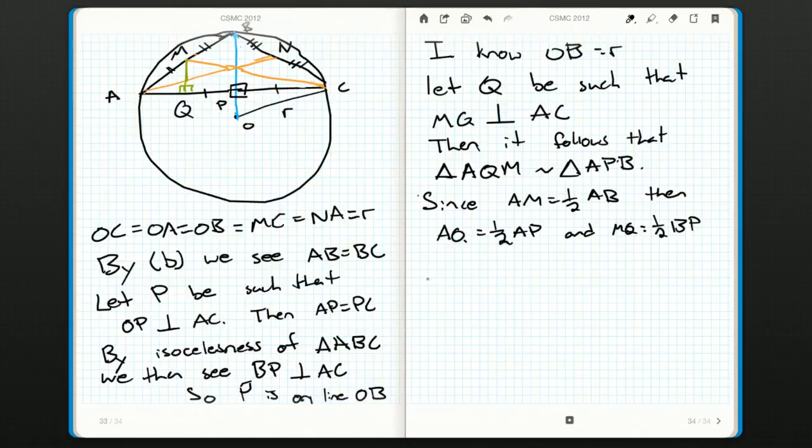Okay, so what do we got here? Before I write this equation, let's just do a little check. What if P were to lie down here? We'd still have CM as the midpoint. We'd still be able to drop this Q here.